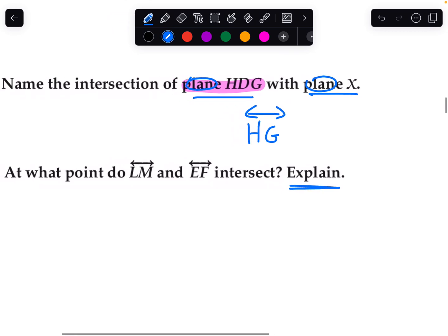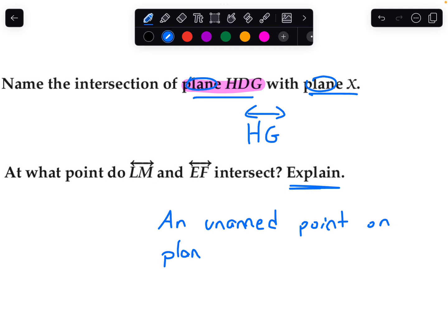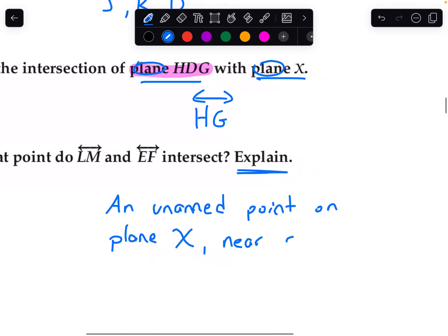What point do LM and EF intersect? An unnamed point on plane X, and we can say it is near point L.